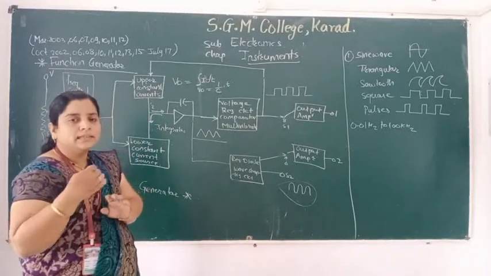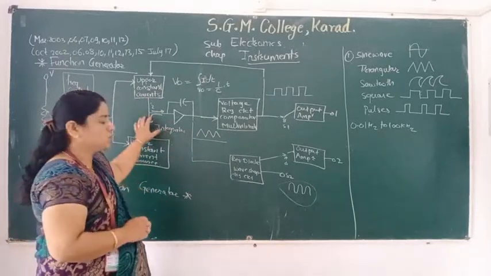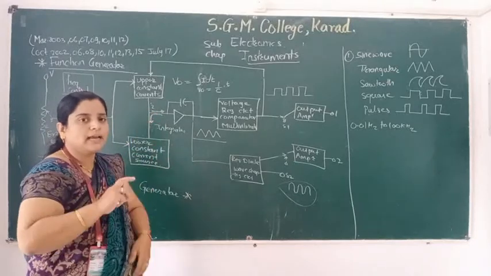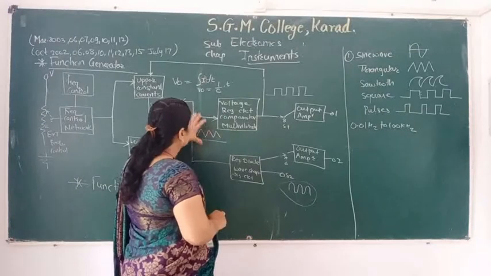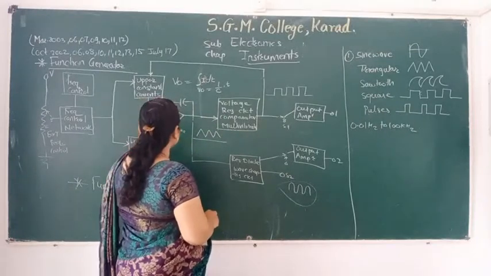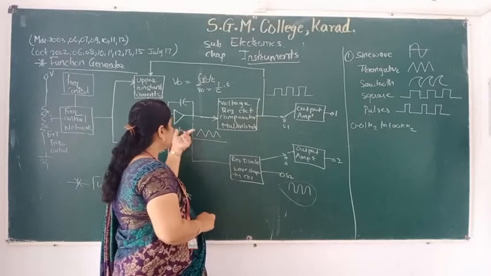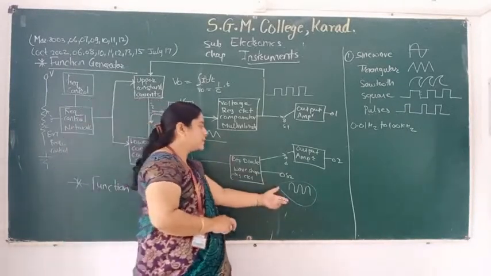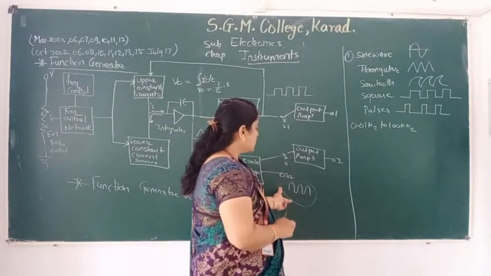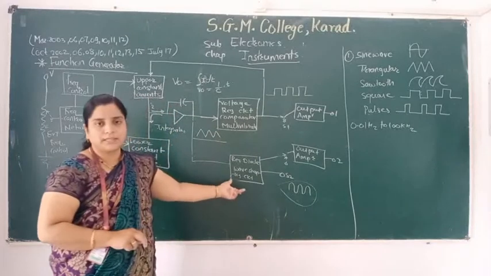After that, it cuts off that state and gives it to the upper constant current source again. So the comparator compares these two, the upper and lower constant current sources. And the output of this integrator gives the triangular wave, and that triangular wave is converted into a sinusoidal wave by using this resistor diode wave shaper circuit.